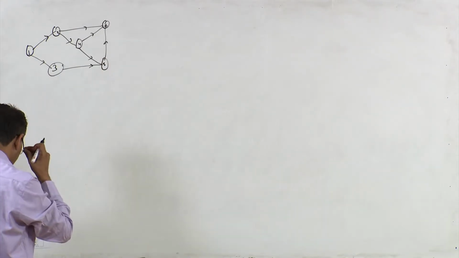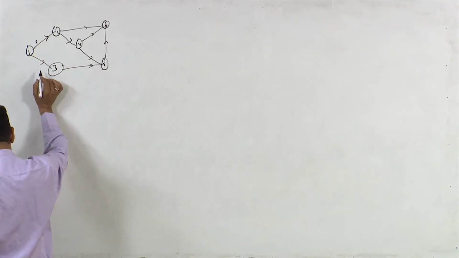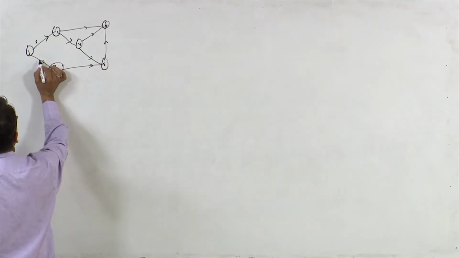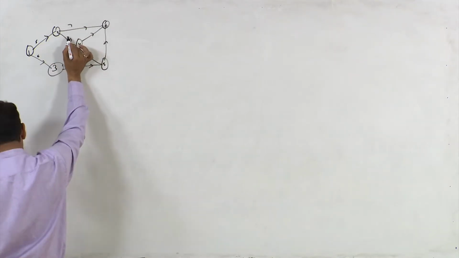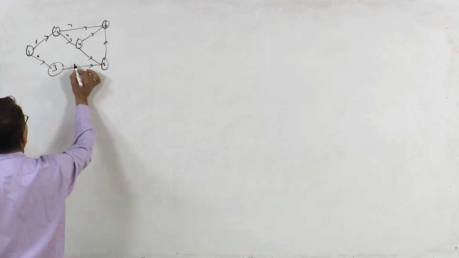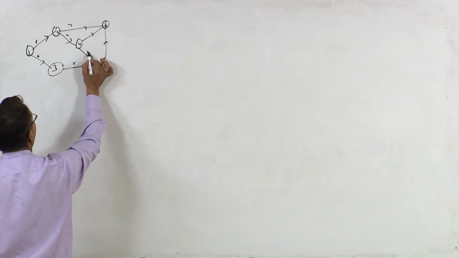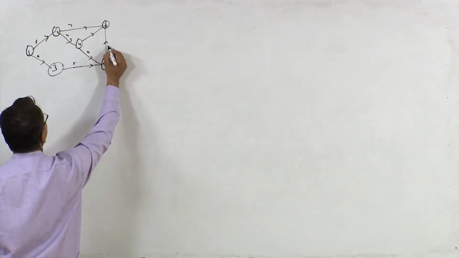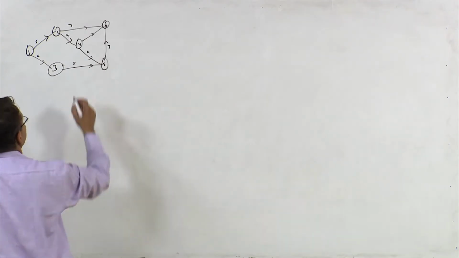So let us write down their time durations. This is 5, this is 6, this is 7, this is 4, this is 5, this is 4, this is 7, right? And for 4 6, this is 6.